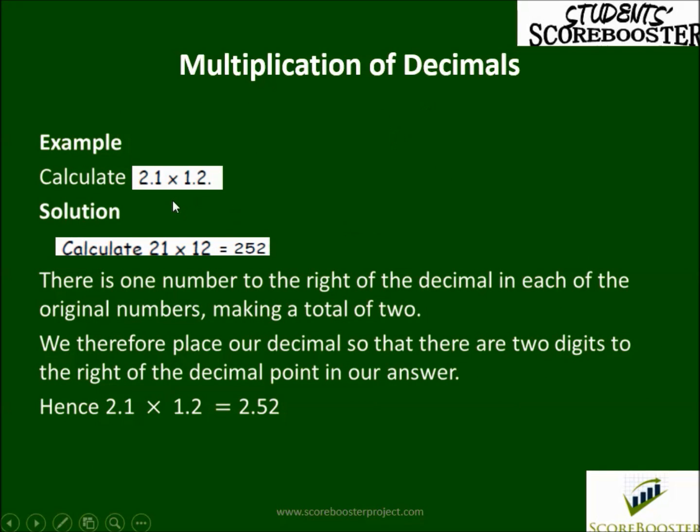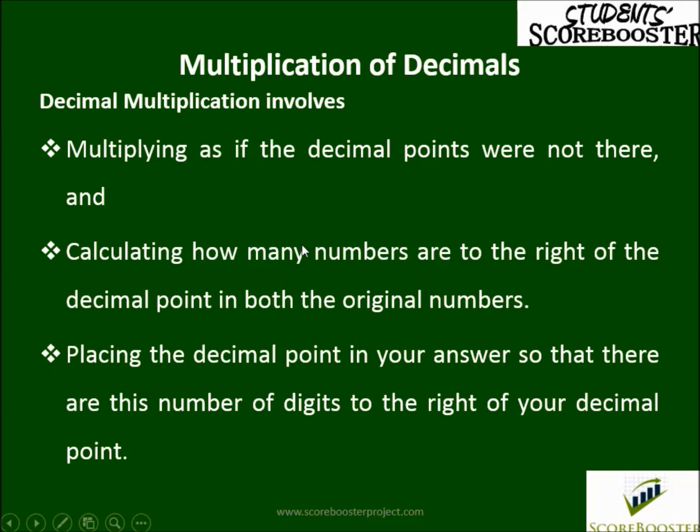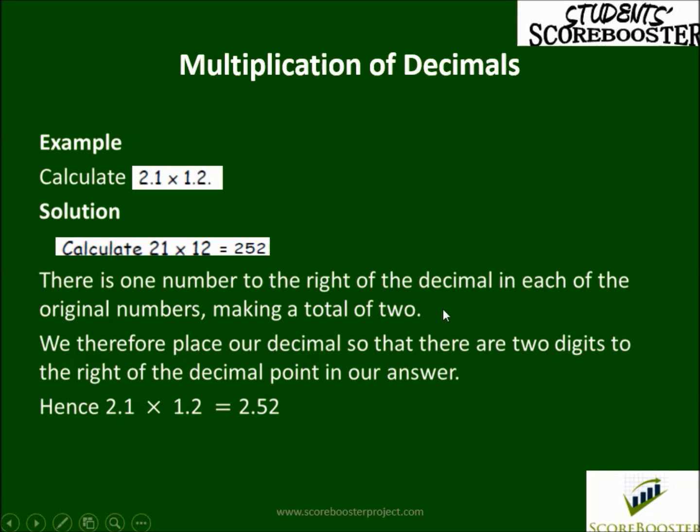Calculate 2.1 times 1.2. The first thing you have to do is to multiply the two numbers ignoring the decimal point. So you have 21 times 12, which is 252. Now you calculate how many numbers are to the right of the decimal point in both the original numbers.